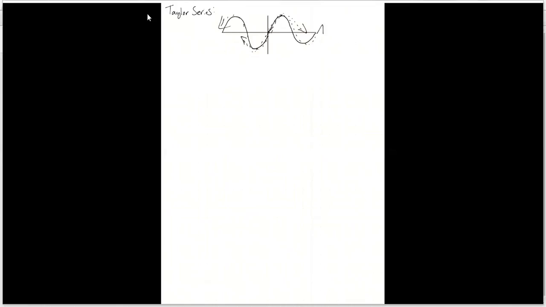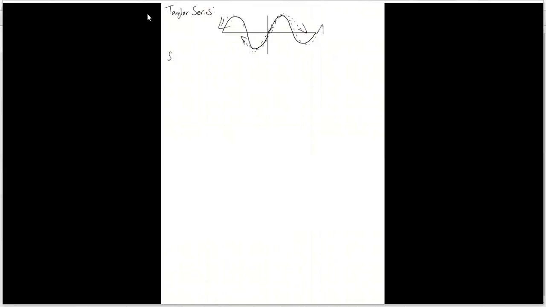But you can choose these coefficients so that these polynomials fit the curve pretty nicely for some point, and we'll call that a, because we've been talking about a's in these power series.